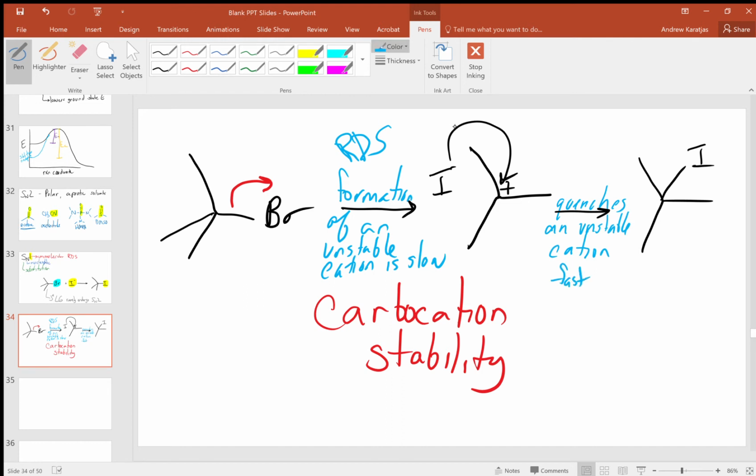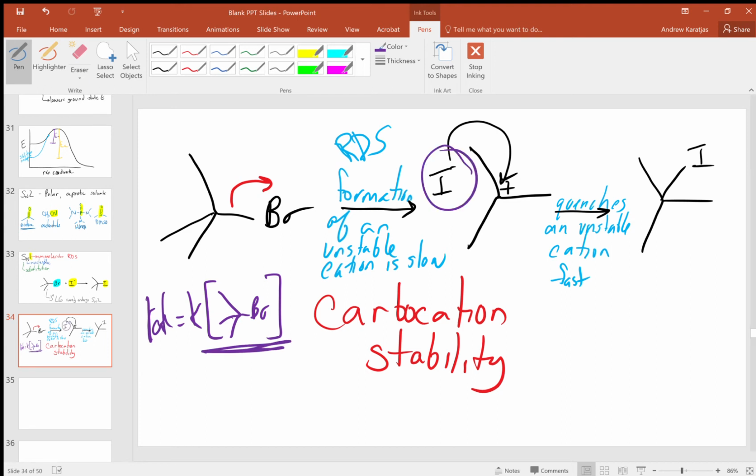So for an SN1 reaction, typically the rate looks like rate is equal to k times the alkyl halide. And so we can see that it is unimolecular. The rate is only dependent on the concentration of the alkyl halide. The rate is not dependent on the nucleophile.